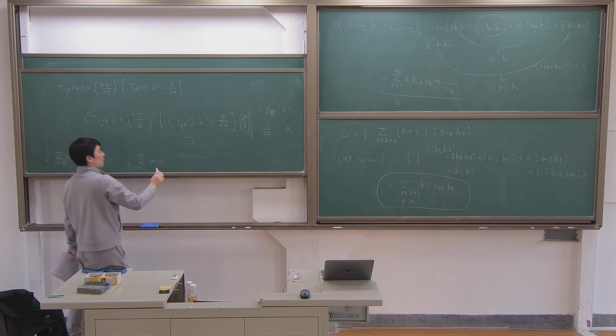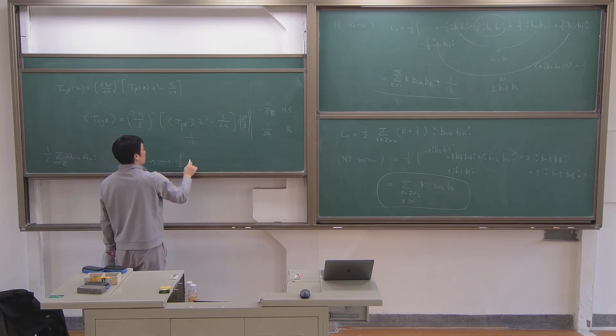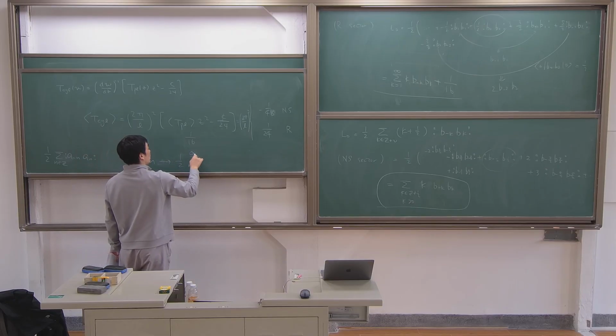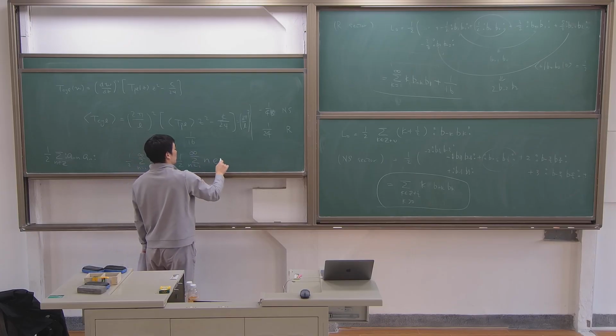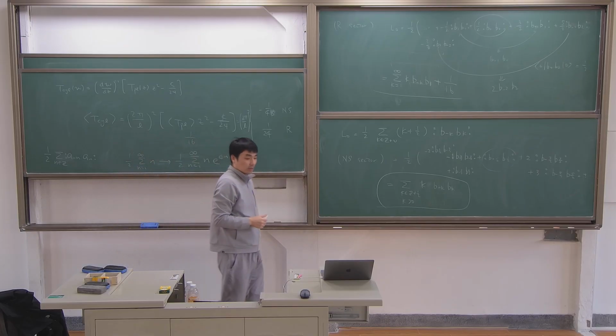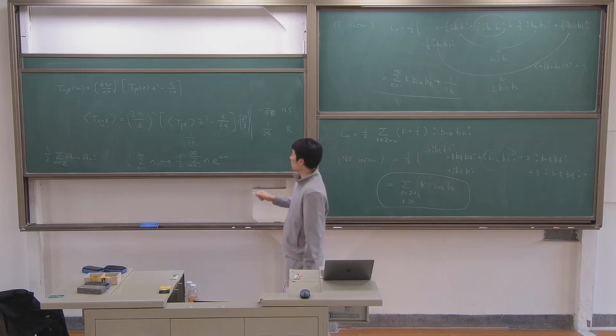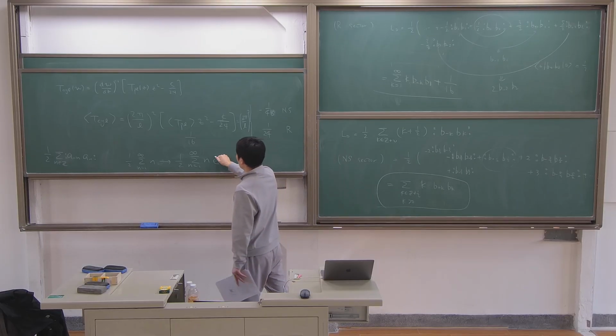And if you sum this up, we do the following trick: 1/2 sum of n equal to 1 to infinity of n e to the epsilon n, like this way. And then we take epsilon to be very small.